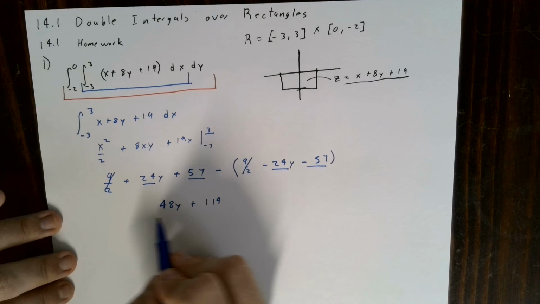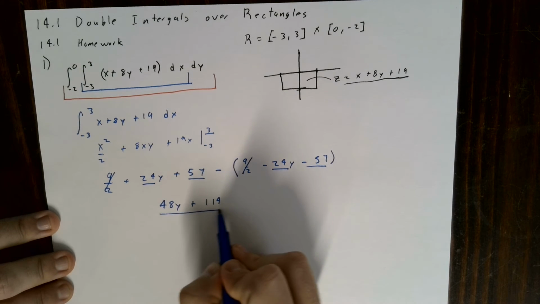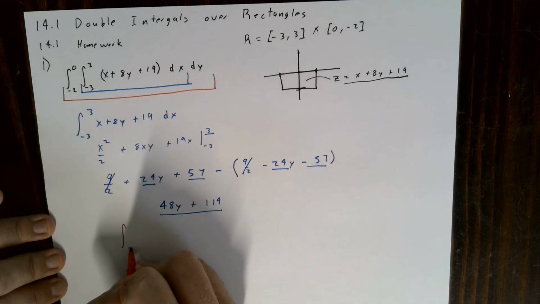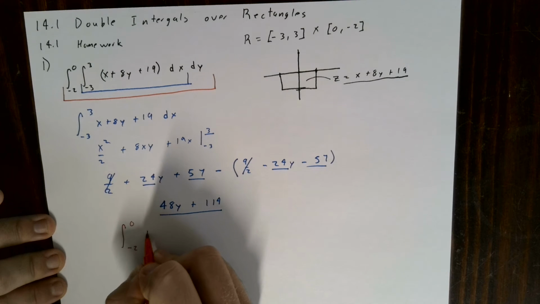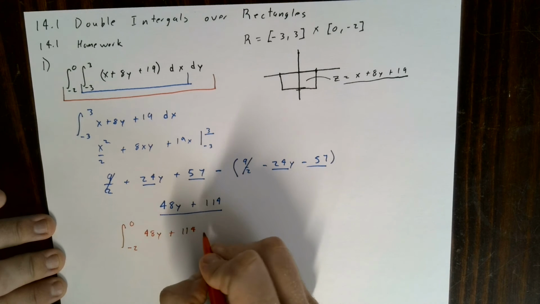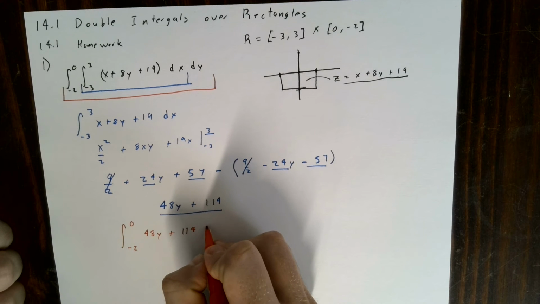And now we're ready to move forward into our red. So we take the integral from -2 to 0 of 48y plus 114 dy.